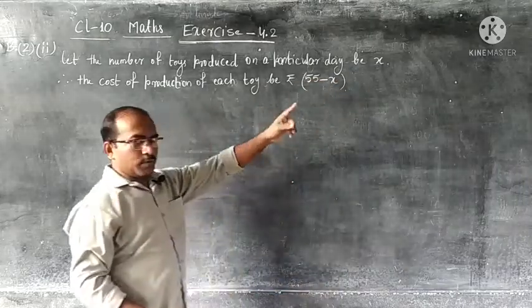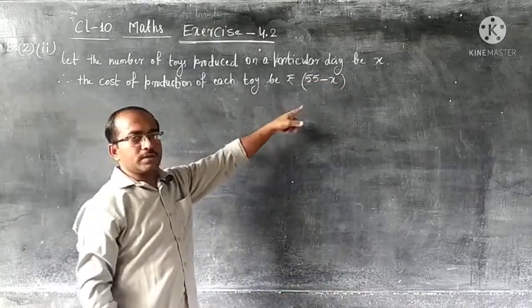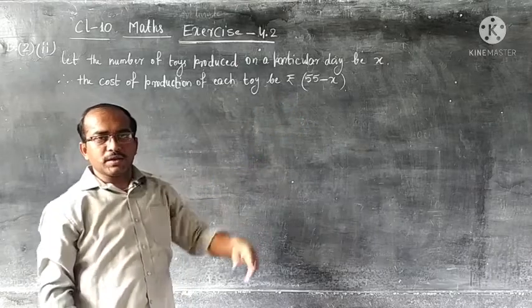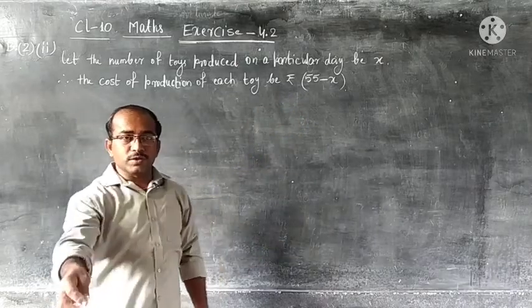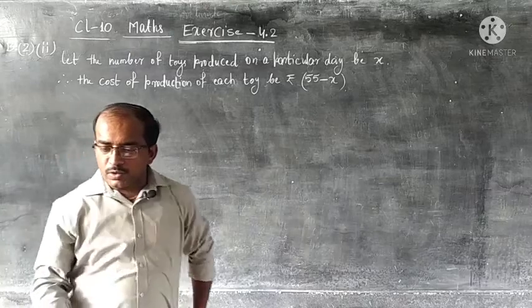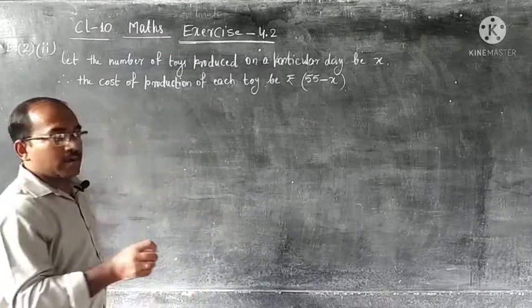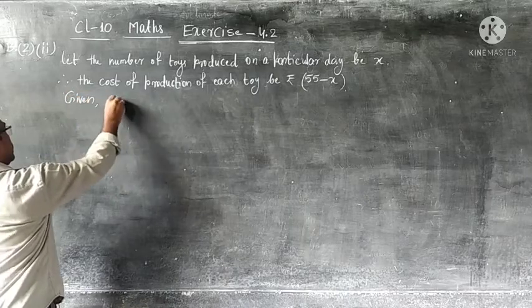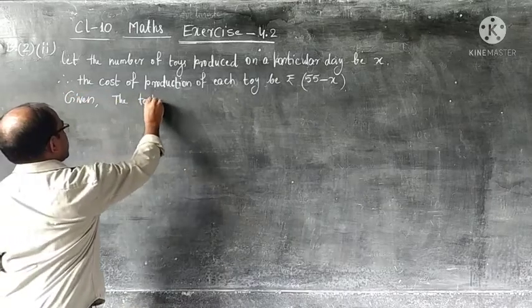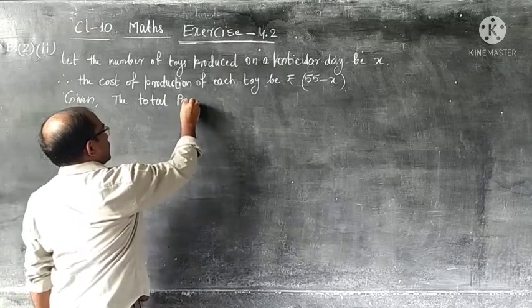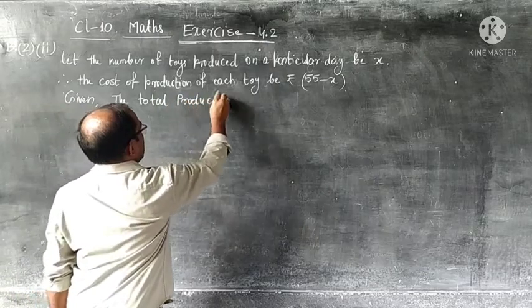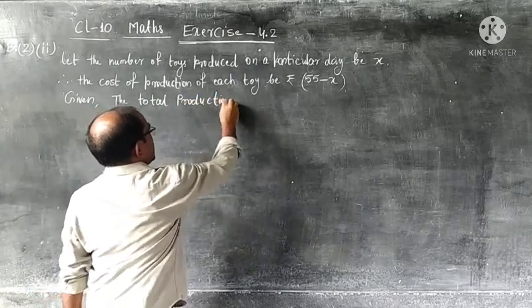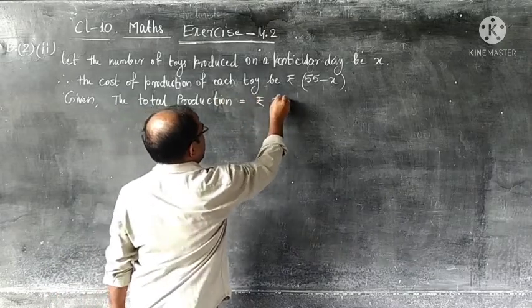So how many toys produced? x. Price or cost? 55 minus x. The question says that on a particular day the total production cost was rupees 750. So the total cost equals 750.